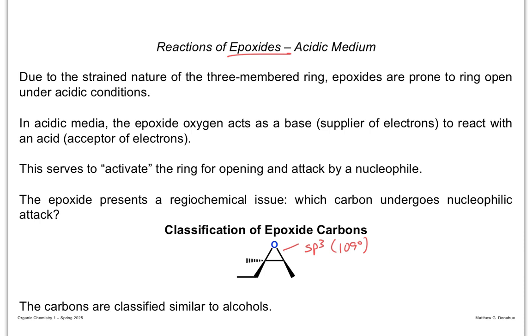So epoxides are used as reactive coupling partners, and we can do that under acidic or basic conditions. When we examine each carbon of that ether, let's classify it as if the oxygen were part of an alcohol. So we would say that that oxygen would be a secondary alcohol. This one would be tertiary.